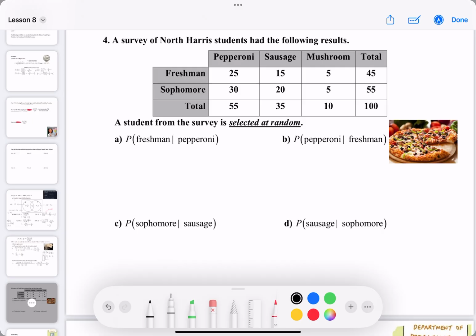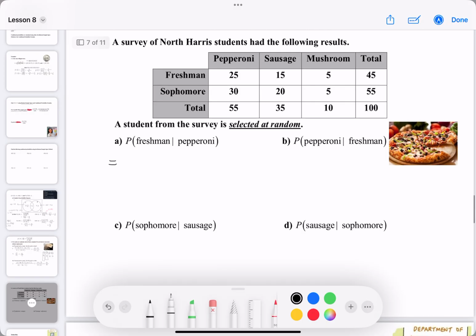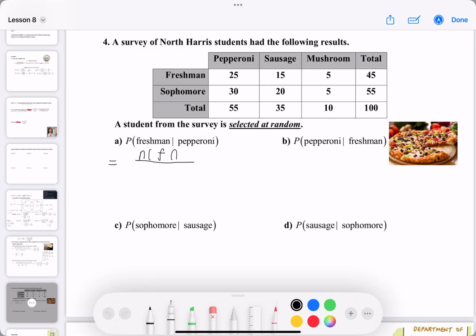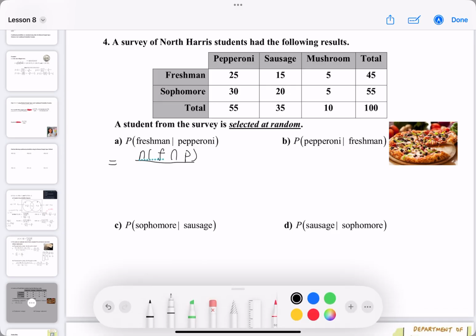It's not like the previous one. Previous one we select 2 cards. Now we are selecting 1 card, one student. So the question will be simpler. So rewrite this conditional probability into N of freshman and pepperoni divided by N of pepperoni.